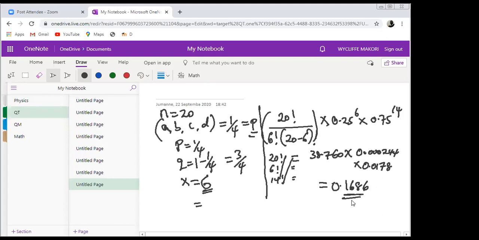So you are able to arrive at this answer, and this is actually the answer that we need. I cannot go without doing question number 3 because it is testing another skill that you also need to understand.